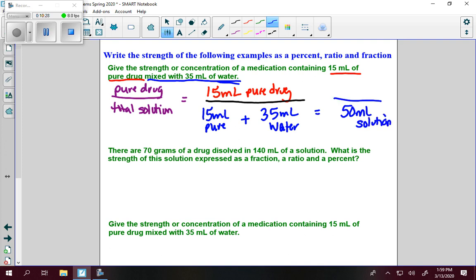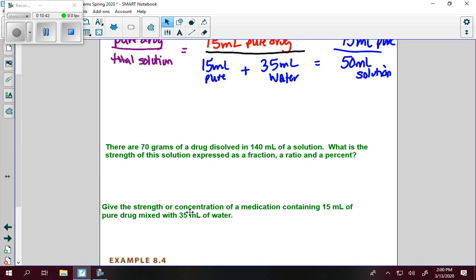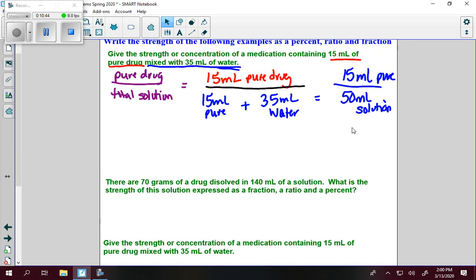So my strength fraction would be my 15 milliliters pure to 50 milliliters of solution. I'm going to make some more room for myself here. And when I have that, then it says 15 over 50 would be the fraction.